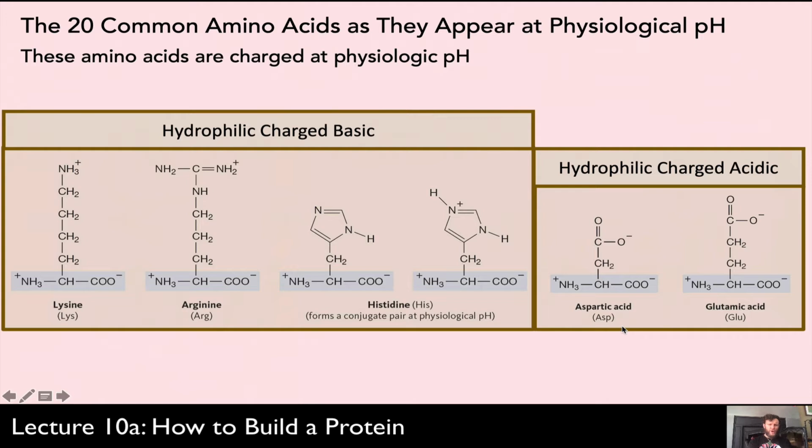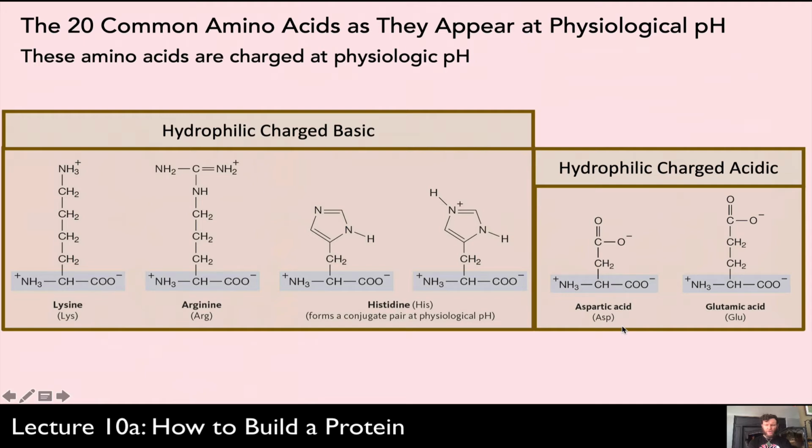Two other categories are also both hydrophilic. One of the categories is hydrophilic molecules where the side chain is charged in a basic fashion, meaning that they can act as proton acceptors. So these are lysine, arginine, and histidine. And then there are acidic amino acids that can act as proton donors, and those are aspartic acid and glutamic acid.